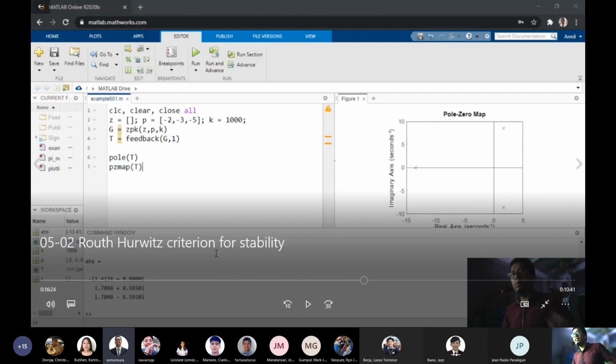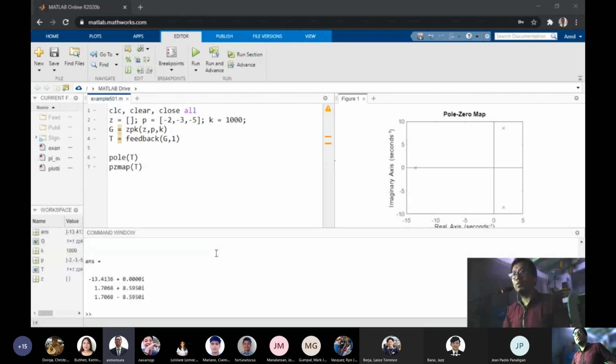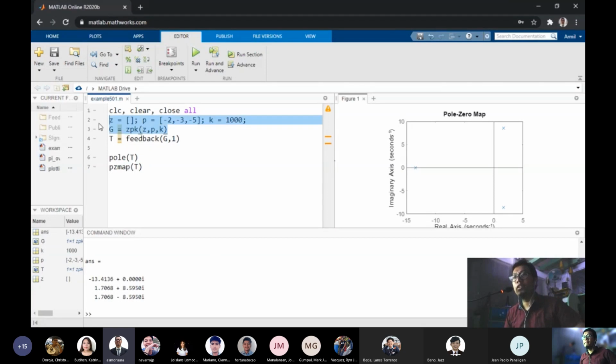Tuloy natin ha. We verify with MATLAB kung tama yung results na nakuha natin. So again, tandaan natin na based sa route Hurwitz criterion, nakakuha tayo ng dalawang poles sa right half plane, tapos isang pole sa left half plane. Okay, so ginawa natin, kinuha muna natin yung ating forward transfer function.